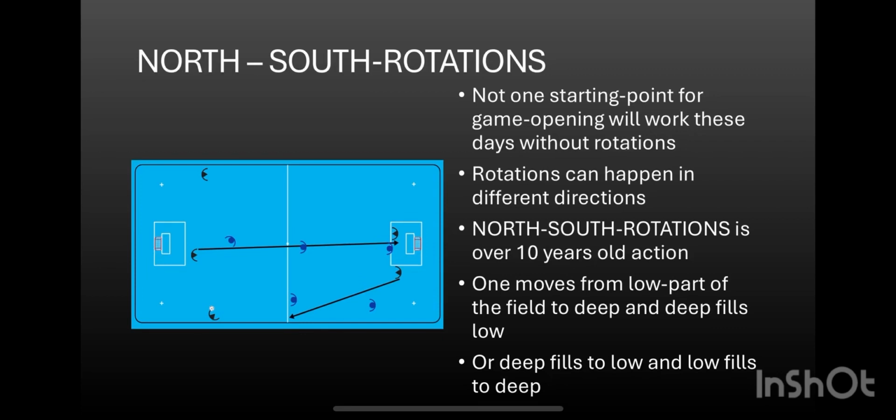And rotations can happen in different directions. In this picture, the lowest player on the pitch moves to the north of the field, and one from the depth moves south. So north and south. By pumping up the field and unit that way, you will get some movement momentum, and you will force the opposing team to move as well.